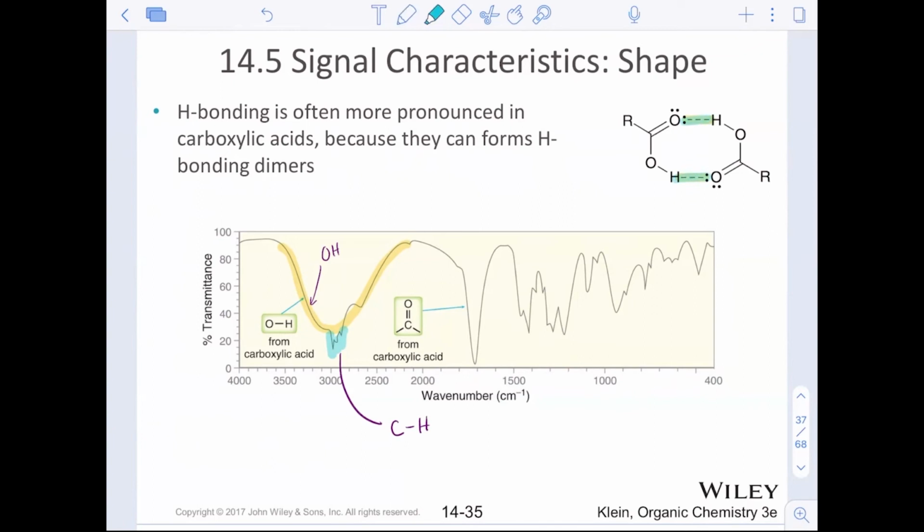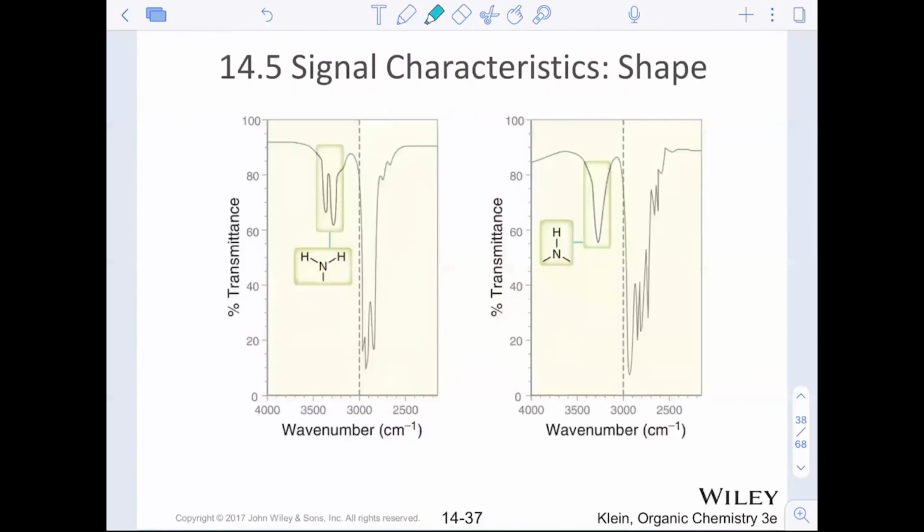Dimer meaning two molecules interacting together. The only other time we saw dimers last semester was when we talked about hydroboration oxidation and how BH3 technically forms dimers with itself.